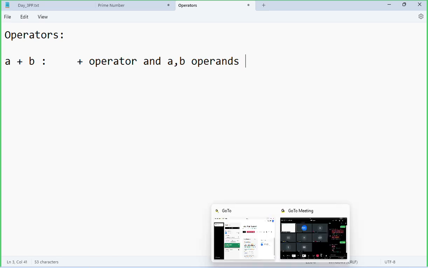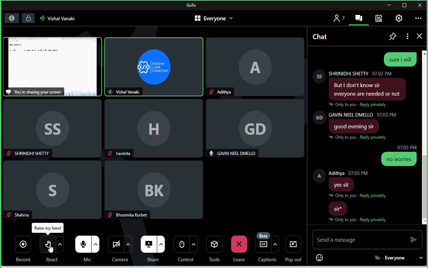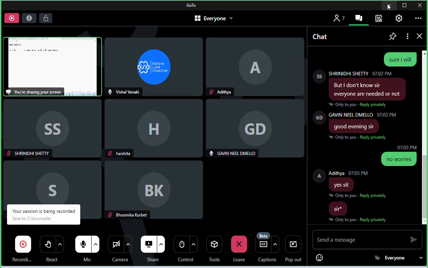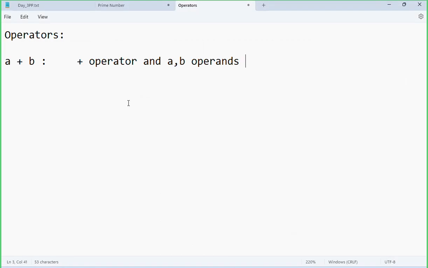Basically, there are different ways of classifying operators. There are two ways actually. If you look at this plus operator, how many operands is it working on? It is working on two operands.